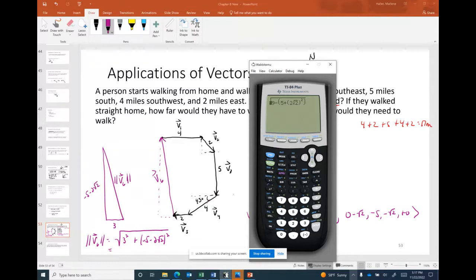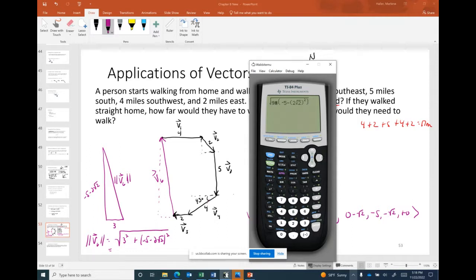Oh, I know. Like I wrote it, 9 plus, let's insert a negative in there. Negative 5 minus. Non-real answer. So it's 9, 3 squared plus. Oh, so it's got to be a squared. Got it. It's late in the day. The square needs to come outside of that parenthesis.